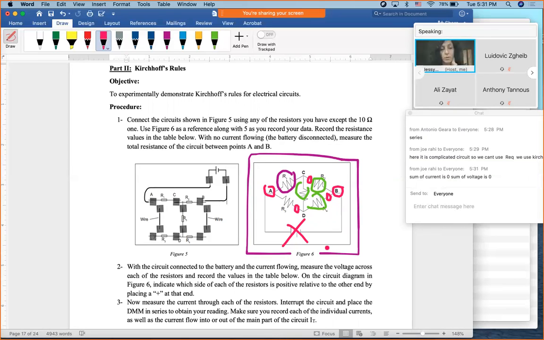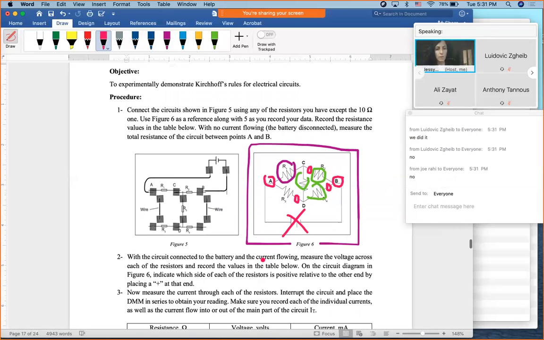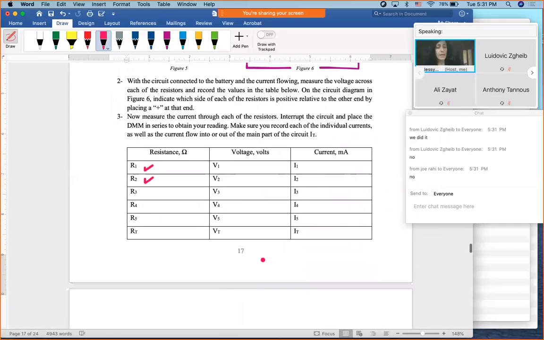Have you ever heard of it? Did you do it in the course? All right, that's good. Have you ever done it in high school? In high school, no. The only students who do Kirchhoff's rules are IB students. And I know you did not do IB. All right, so yes, you know it from the course.